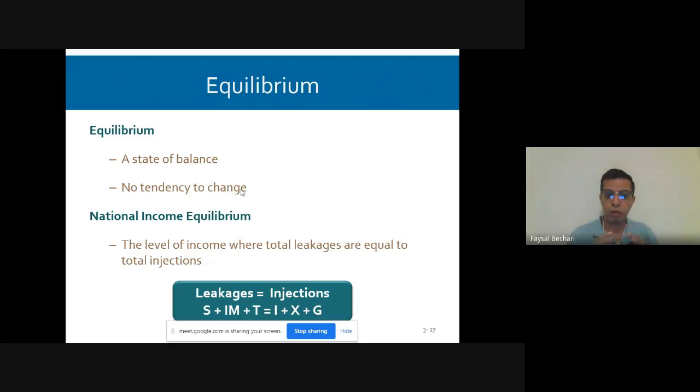Now, the total is S plus IM plus T, which we mentioned as abbreviations, which stand for saving plus import plus taxes, equal to investment plus export plus government spending.